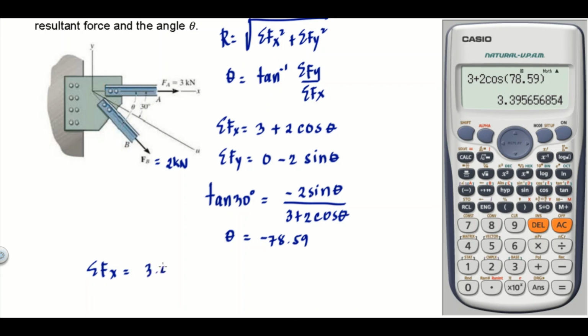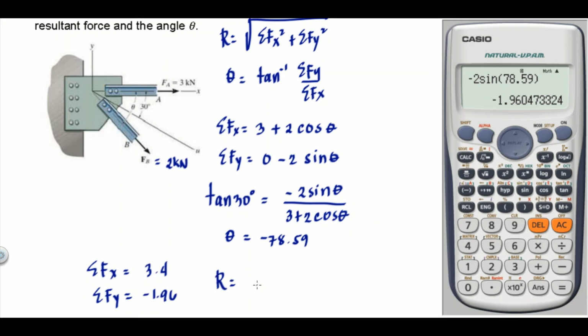So, 3.4 na lang. So, 3.4 kilonewton. Summation of forces along y is minus 2 sine of 78.59. Okay? So, negative 1.96 kilonewton.